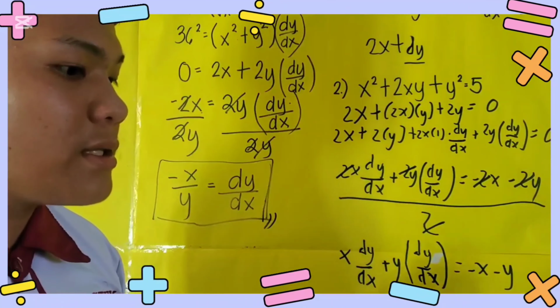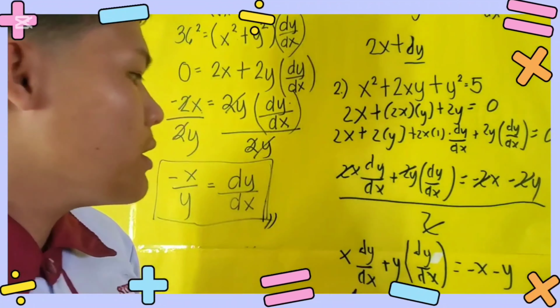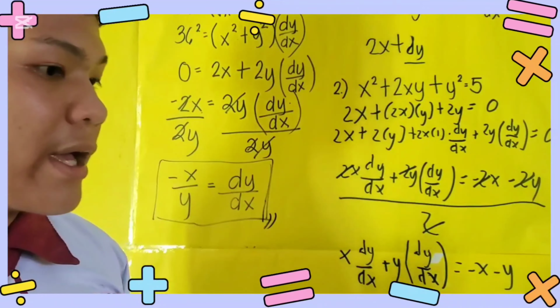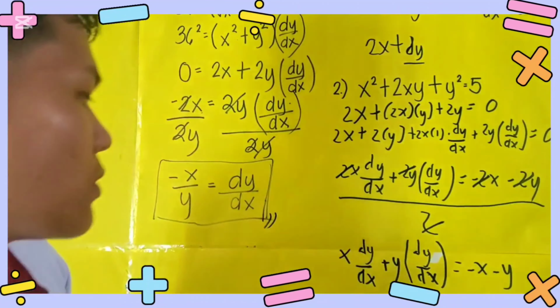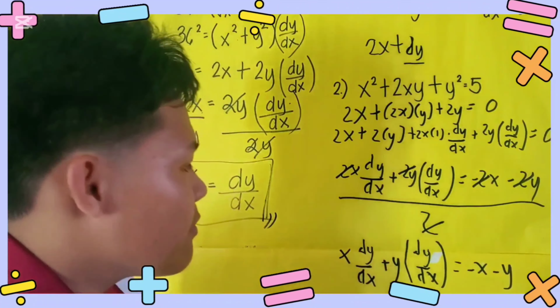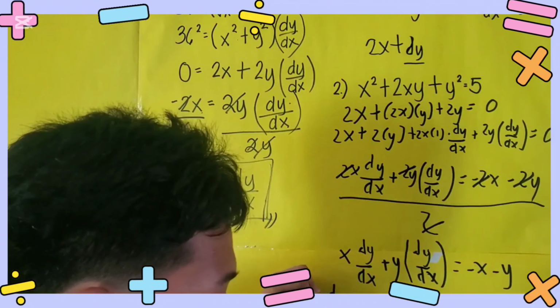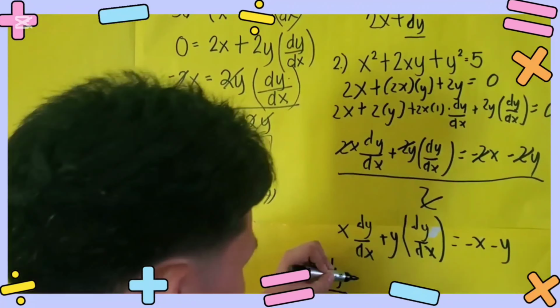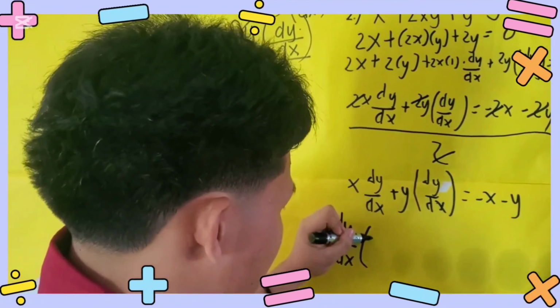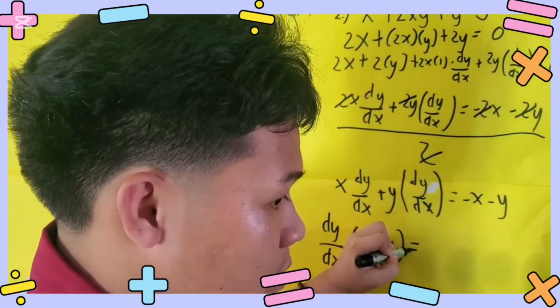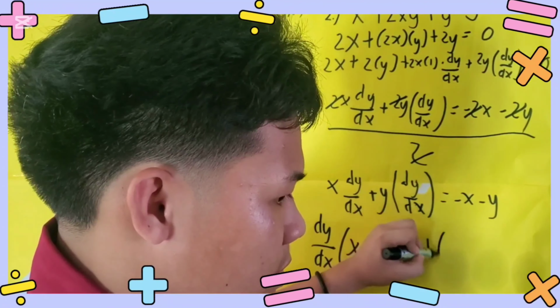Then let's proceed to factor out dy over dx. To factor them down, we divide both sides, so dy over dx times x plus y is equal to negative 1 times x.